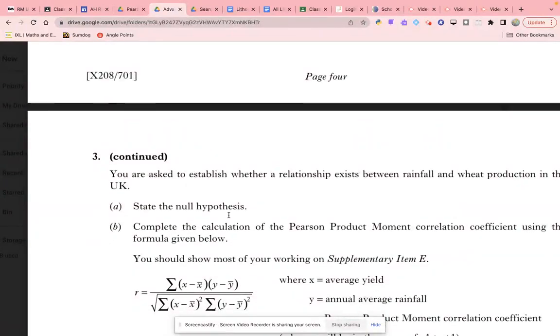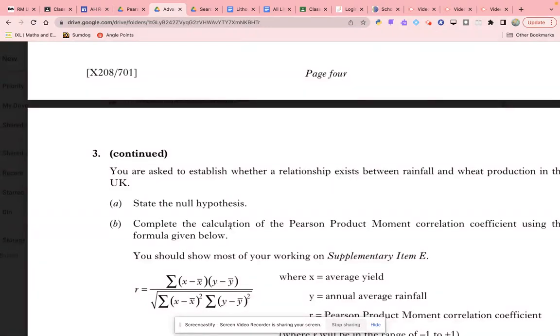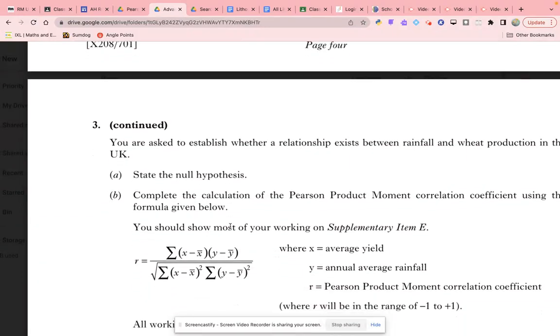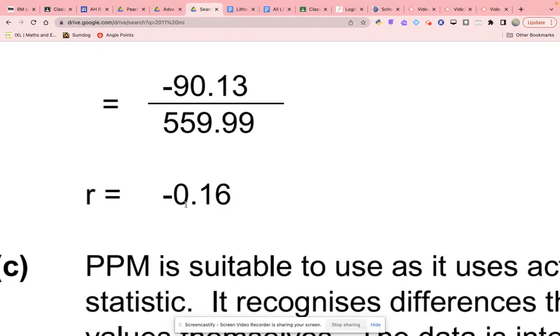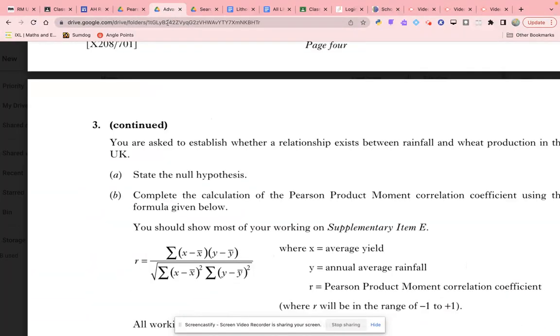And we would then be given a result. Now, in the past, in 2011, you were actually asked to calculate it, but you're not required to do that anymore. So I'm going to go straight to giving you the result of this test, which we can see here, negative 0.16. And that is the result. So let's have a look at the question you will get.